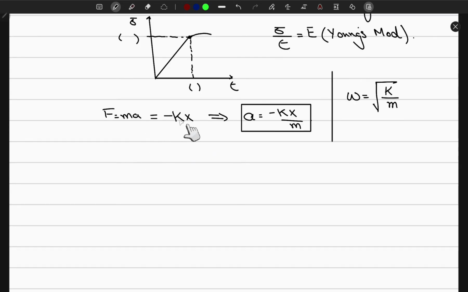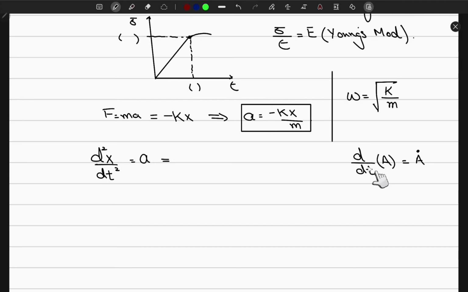Now the interesting part over here is this is actually a differential equation. If I want to work in terms of x, which is the displacement, then the double time derivative of x is acceleration. Any time derivative, for example d over dt of any quantity, can be written as a dot on that quantity.